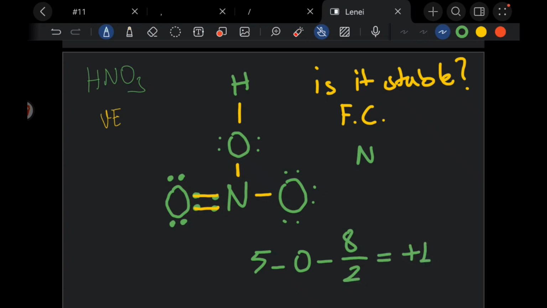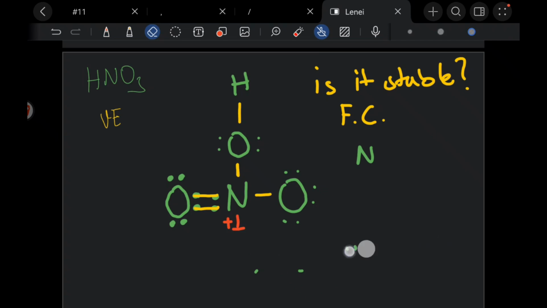So plus 1. Nitrogen has a plus 1 formal charge. And this oxygen is neutral. We calculated that in the sulfur case. And hydrogen has zero charge again, and the oxygen here also has zero charge.